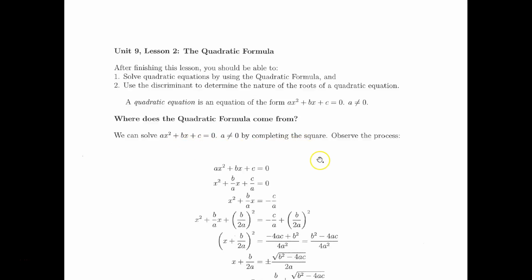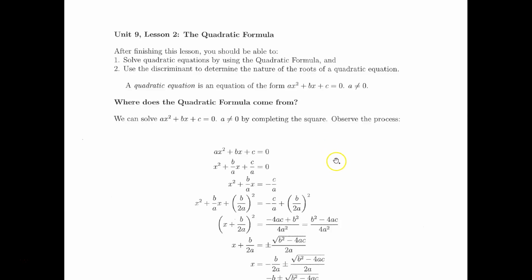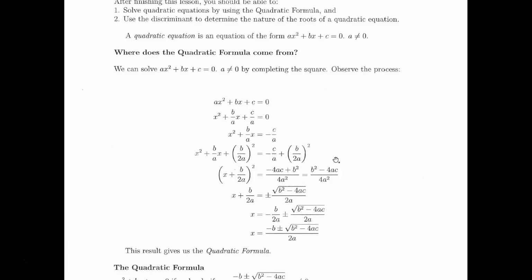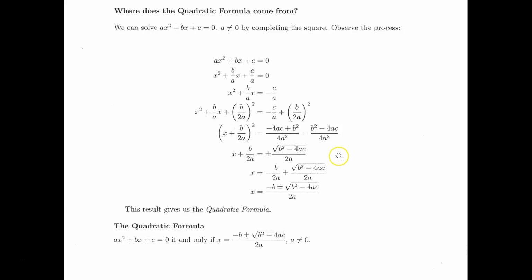In the prior lesson, we discussed that in order to solve by completing the square, we have to have a leading coefficient of 1. So we can divide every term by a in order to get the leading coefficient to be 1.